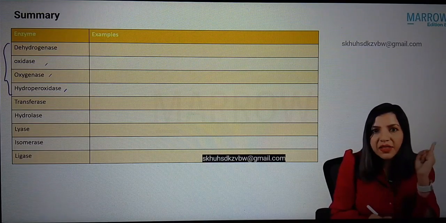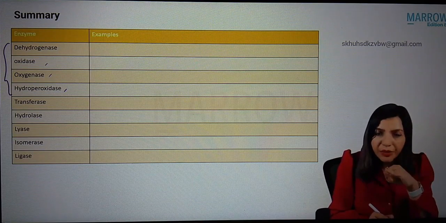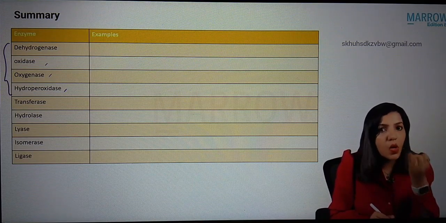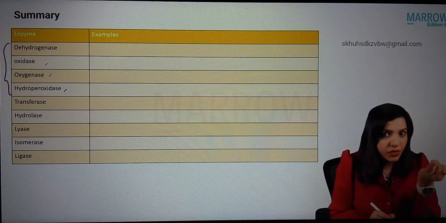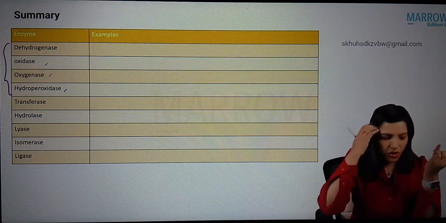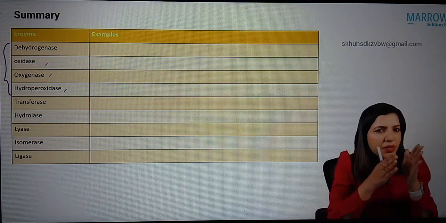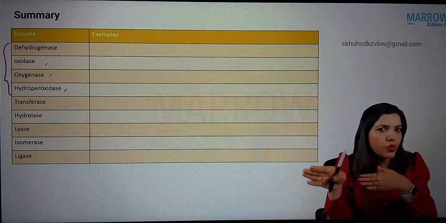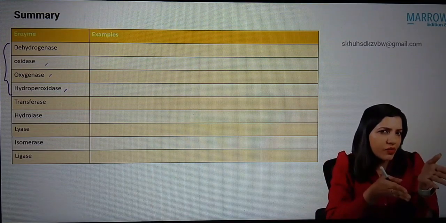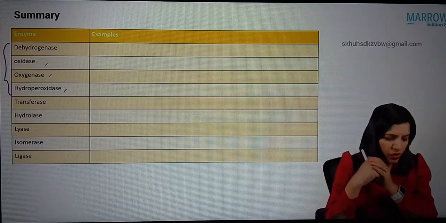In oxidases, these H plus elements are transferred not to a vitamin, but to oxygen. So the example is cytochrome C oxidase, where we know that the final electron acceptor is the oxygen. Then oxygenase is directly adding oxygen into the substrate. There can be adding of one atom of oxygen or both atoms of oxygen. If it is one atom of oxygen, we call it monooxygenase. If it is two atoms, we call it dioxygenase.